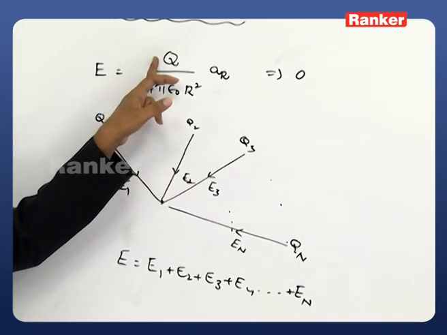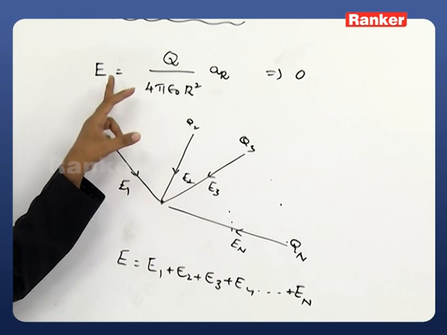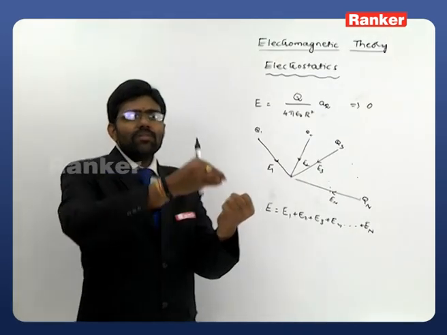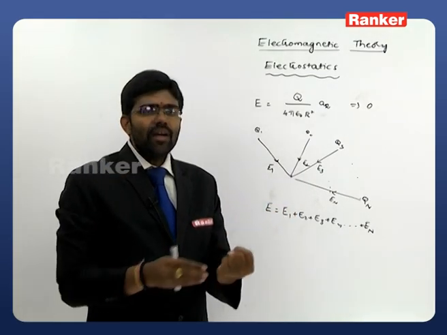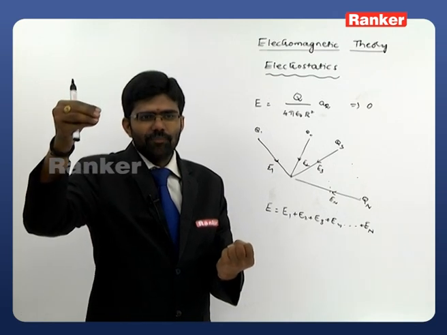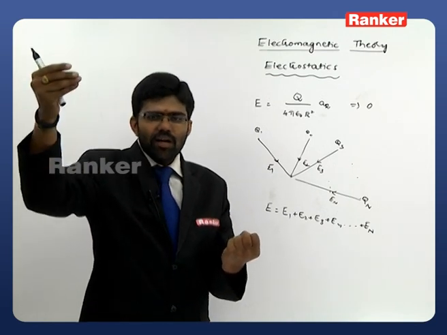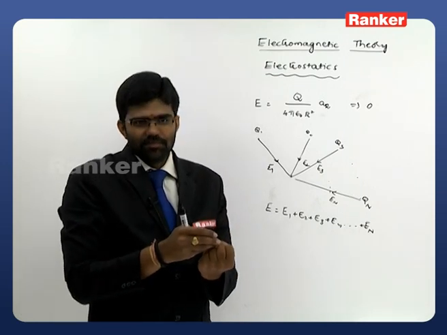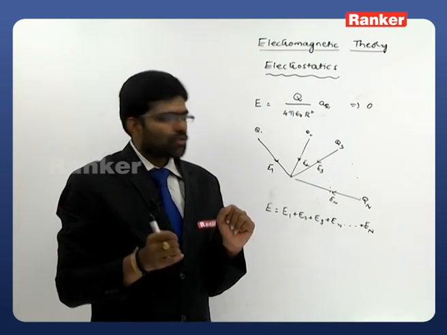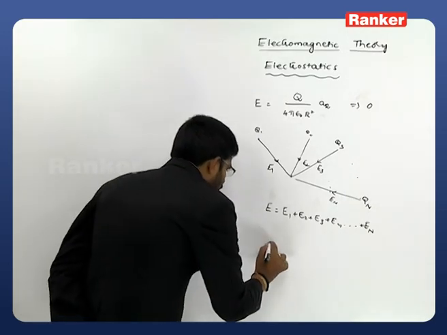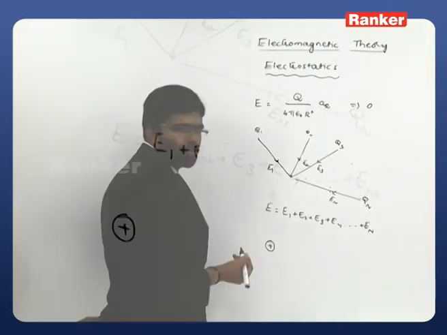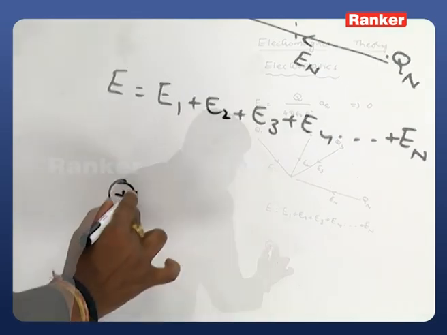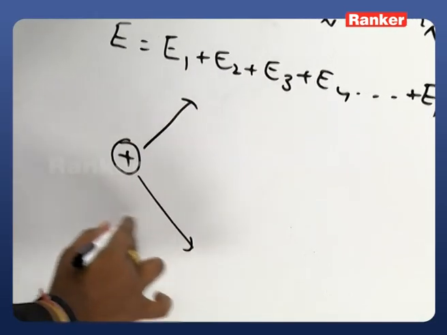E is equals to plus Q. If it is a positive charge, always we can say that it is away from the charge, radially outwards. If it is a negative charge, radially inwards, that is towards the point charge we are considering. So in general, whenever there is a positive charge, let us take this is a positive charge, the electric field intensity is always radially outwards.